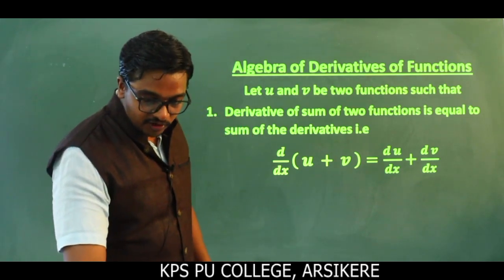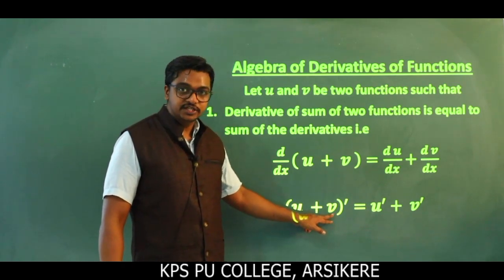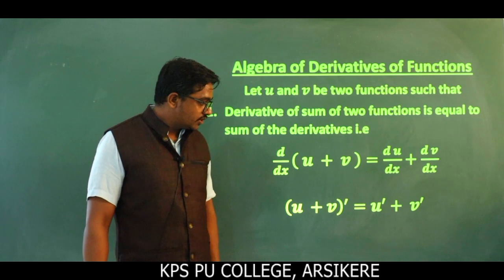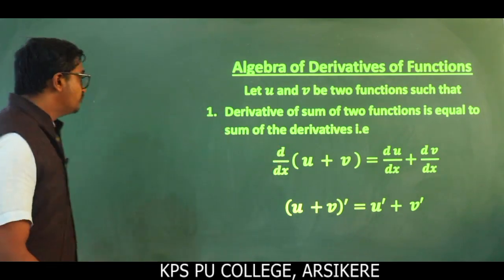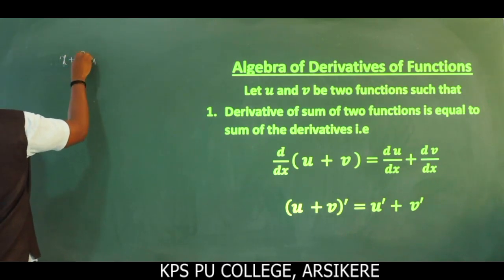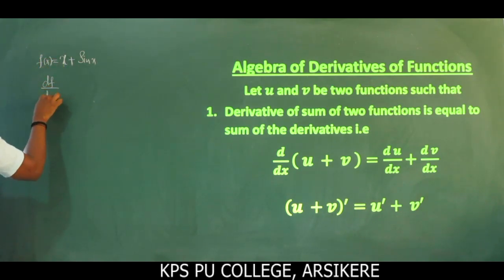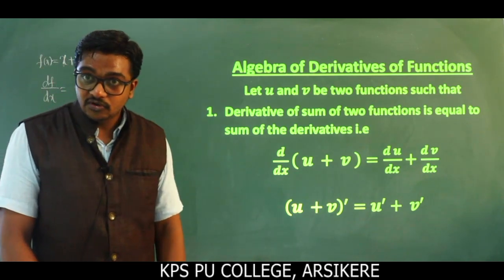We have another form for this notation, u plus v whole dash. So this represents the derivative, right? u plus v whole dash is equal to u dash plus v dash. Whenever we have the sum of two functions, suppose x plus sin x is there, if I want to find the derivative for this function, this is here f of x, this derivative becomes df by dx or d by dx of f of x or f dash of x, all are same here.